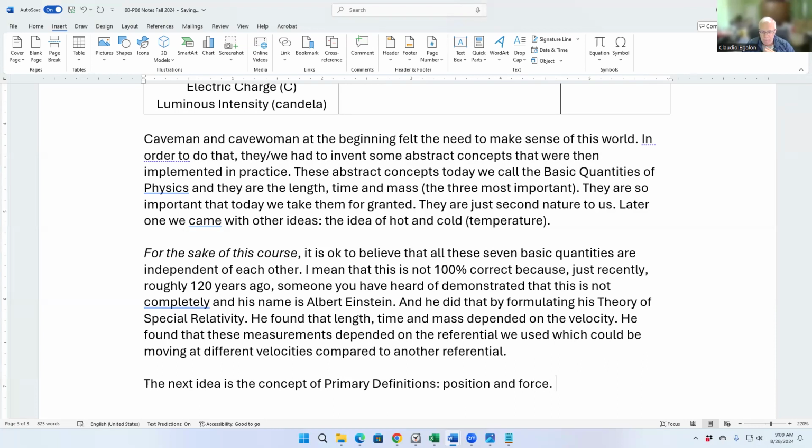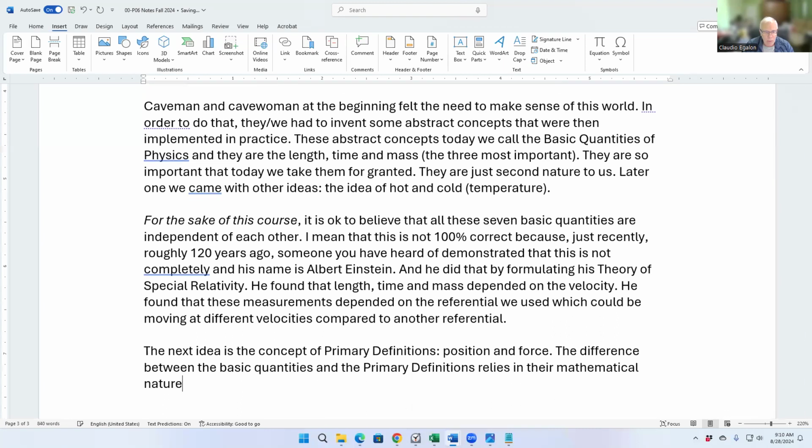Okay, the difference between the basic quantities and the primary definitions relies in their mathematical nature, okay? Mathematical nature.